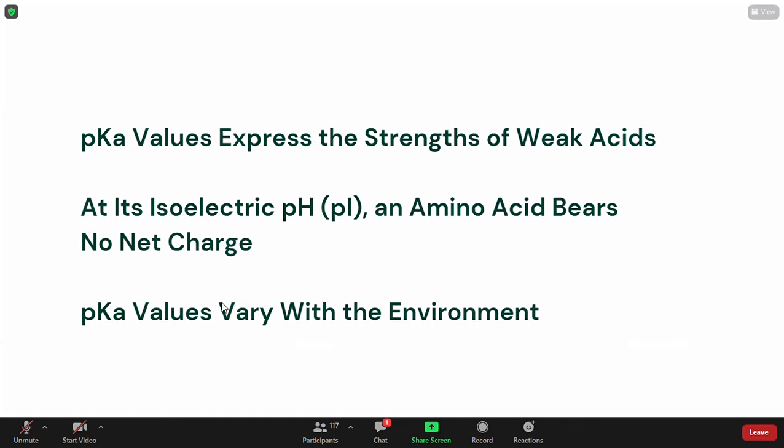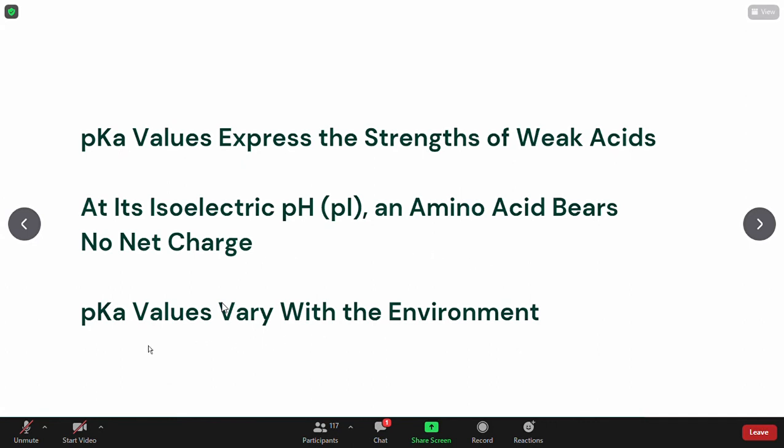The pK values express the strength of weak acids. Isoelectric pH, or PI, bears no net charge.